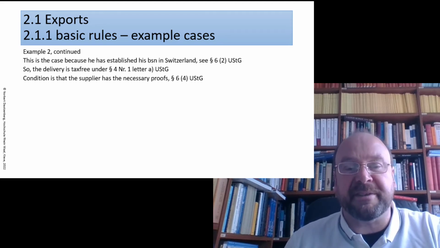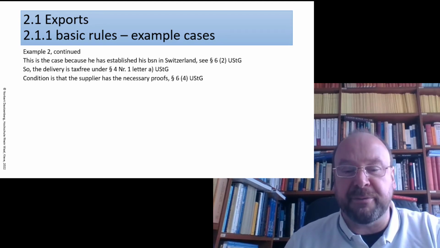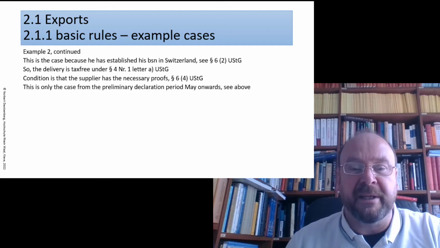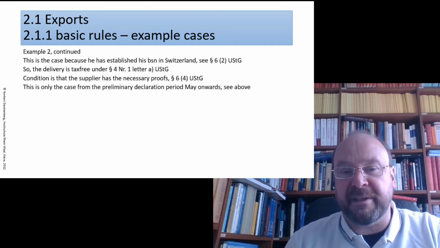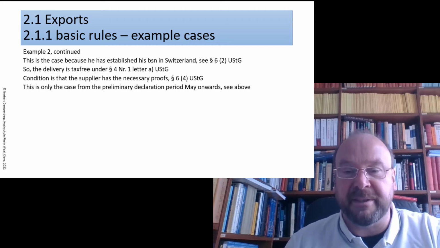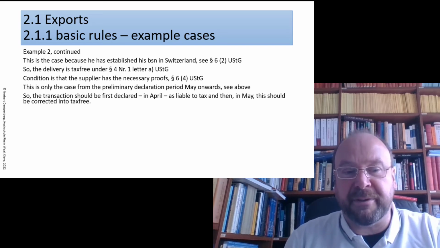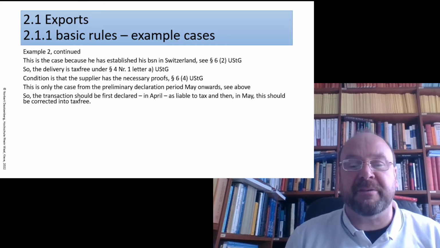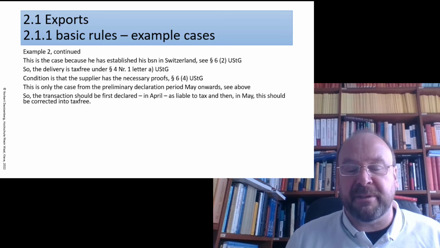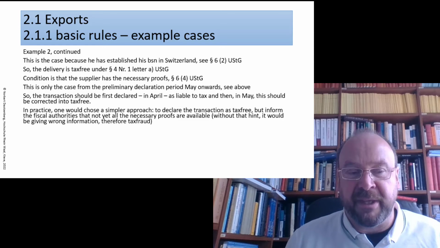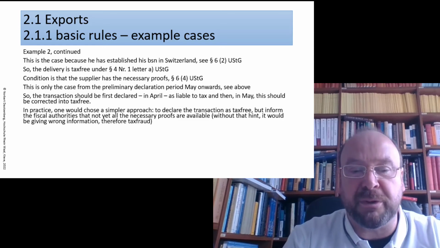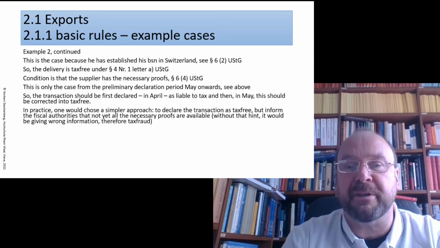The only condition is that the supplier has the necessary proofs, 6.4 UStG. And this is not the case in the preliminary declaration period, April, but from May onwards. So in the preliminary declaration period for April, it should first be declared as fully liable to tax. And then in May, this can be corrected into: this was a tax-free delivery. In practice, however, one would probably choose a simpler approach.